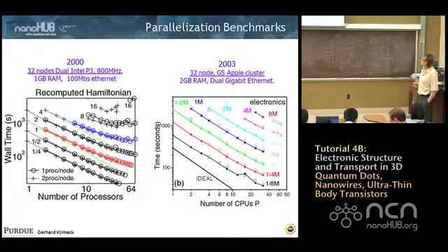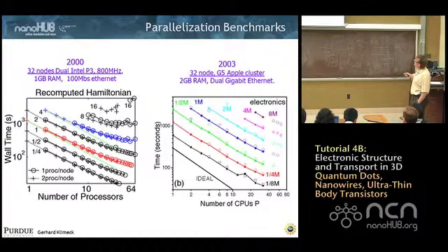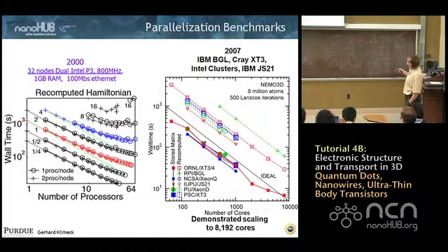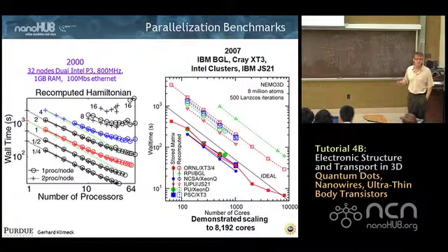Okay? So these are some early scaling results, and the glory game is really here. If you double the number of processes, you'd like to divide your compute time by 2, right? So you don't want to waste time. So in an ideal sense, these should be straight lines, and even early on, they were roughly straight lines. In 2007, we were running up to 8,000 cores on a Cray machine, right?